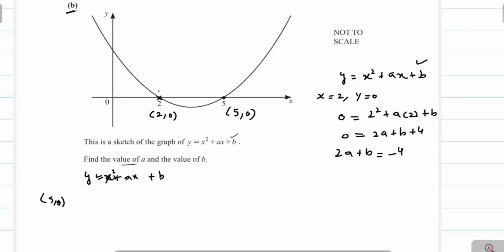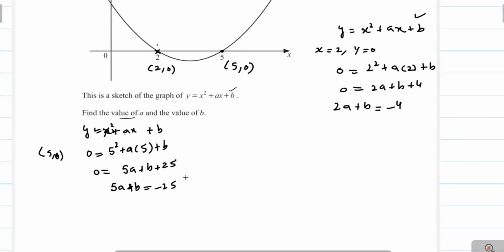When we substitute, y is 0, x is 5: 5 square plus a into 5 plus b, and this value becomes 5a plus b plus 25, and we can write it as 5a plus b equal to 0 minus 25.